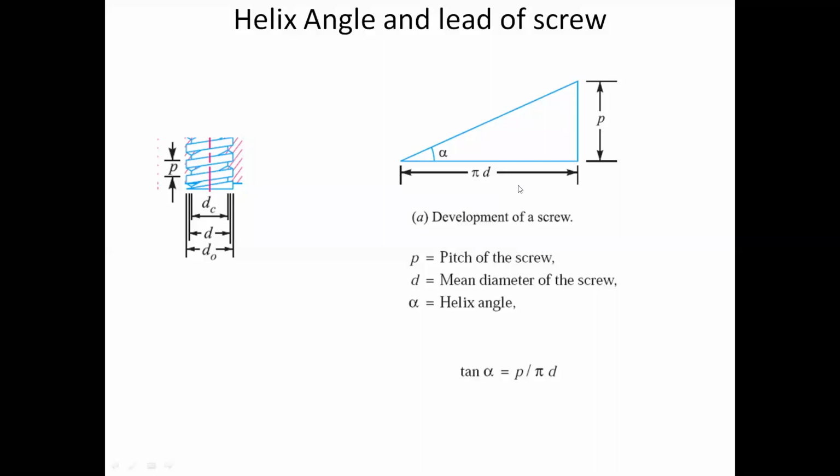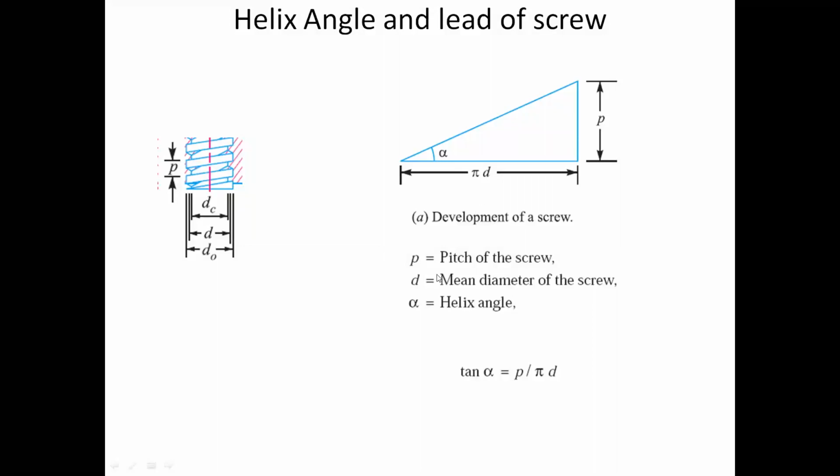एक थ्रेड पूरा निकालने के बाद उसमें क्या आएगा? उसका ट्रायंगल बन जाएगा. ट्रायंगल कैसे बनेगा? It is having helix angle alpha. There is a height as a pitch, because if you just look at here, if you take one point from here to here, then there is a pitch, there is a pi d. So pitch of the screw, mean diameter of the screw, helix angle. Okay.